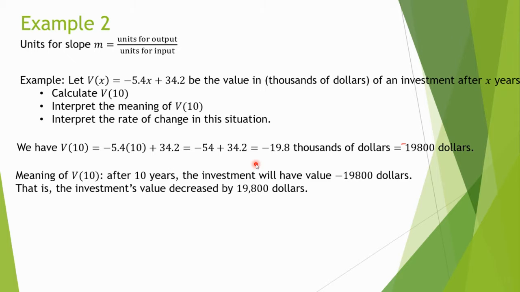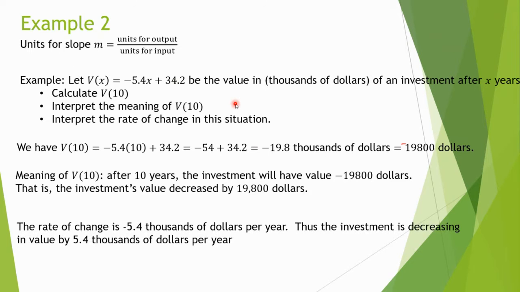And what would the rate of change be? Well, the rate of change is actually given to us, right? That's what the coefficient of x is, which is negative 5.4. In other words, the rate of change is negative 5.4 thousands of dollars per year. And so again, what does that mean?